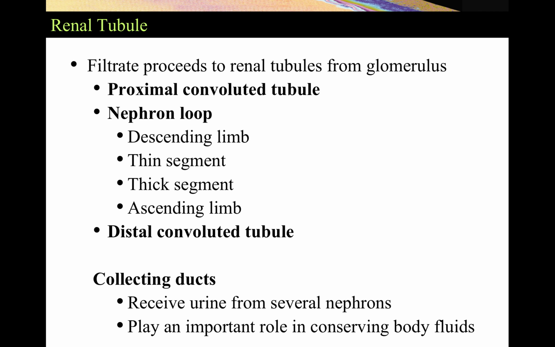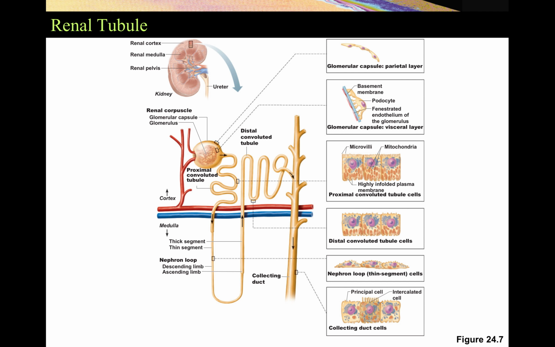The last part of the renal tubules is the distal convoluted tubules, which is also known as DCT. And then whatever urine is being produced by these nephrons eventually empties into the collecting ducts and eventually is picked up by the minor calyces.